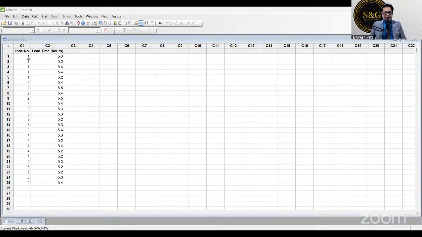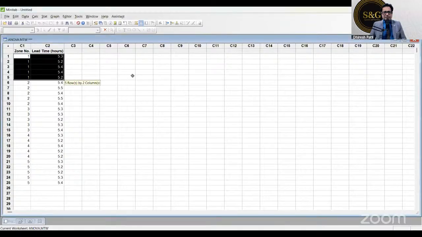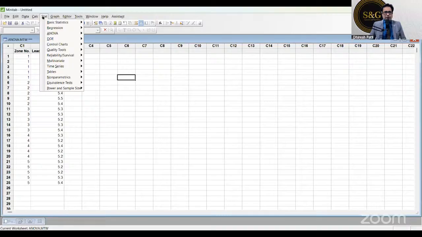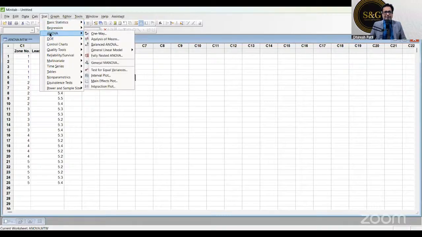Now let's come to this. Now there are 5 samples here, 5 zones, and we want to go for ANOVA. So let's find out ANOVA. Go to Stat, ANOVA, One Way. Just follow this.